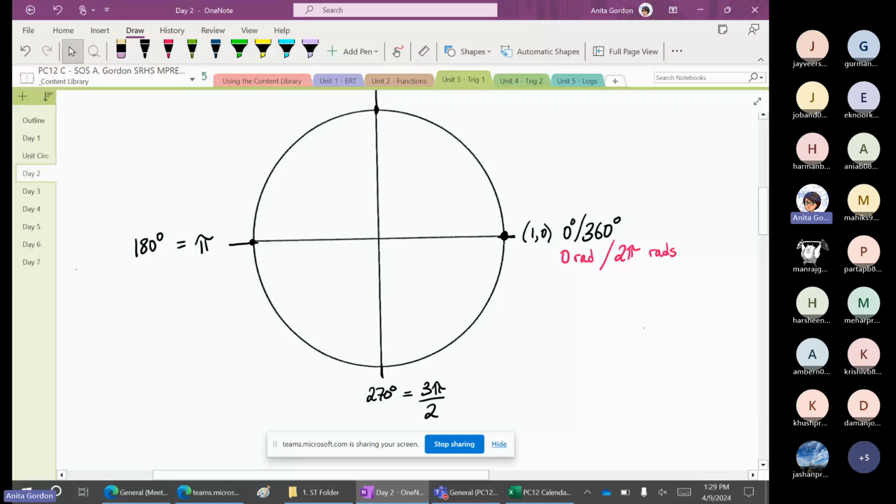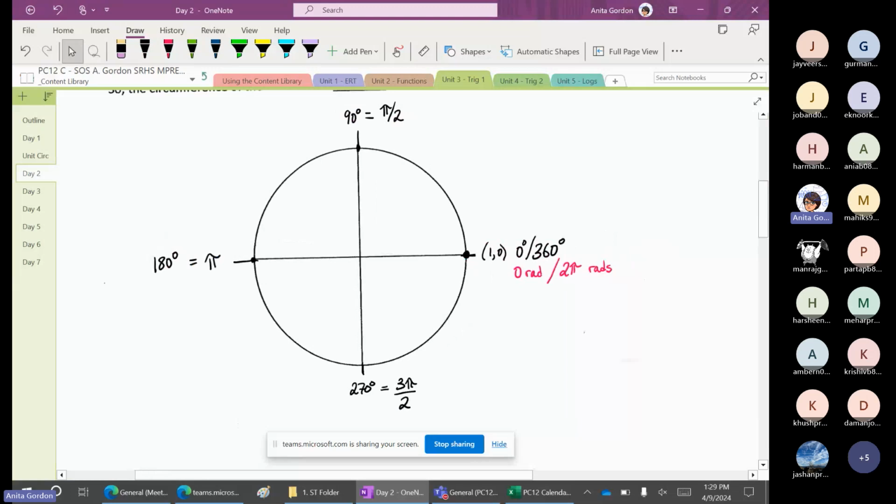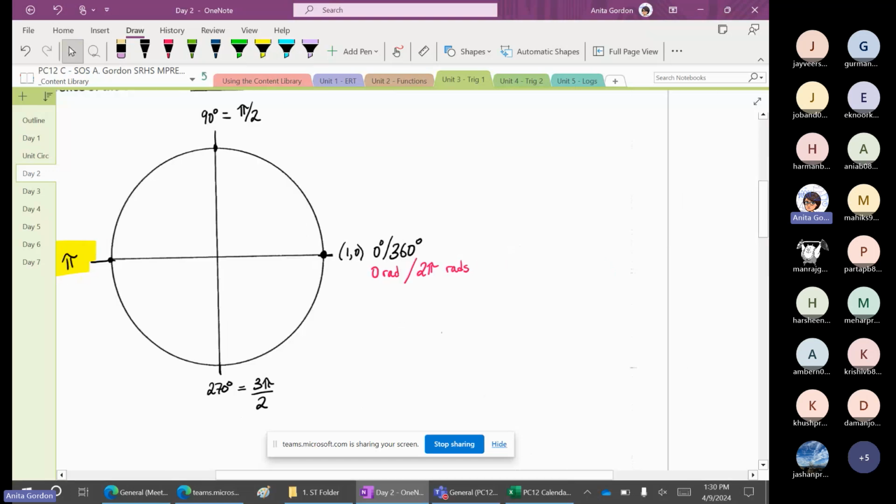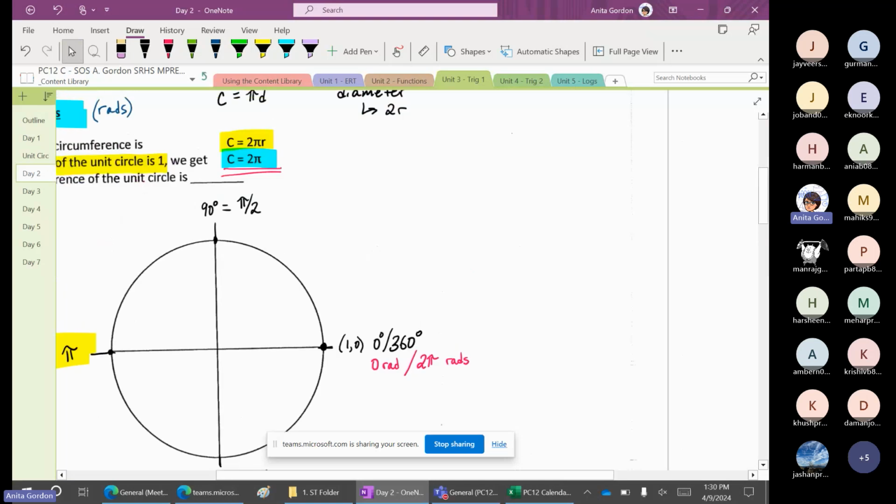Okay, so these are our new measurements. We are measuring the circle in pieces of pi. This is going to be super helpful for us. 180 degrees is represented by one, you can think of it as a slice of pie. So what we want to do is figure out how we can convert any degrees or any radians between the two different kinds of measurements. And what we're going to use is equivalent fractions.